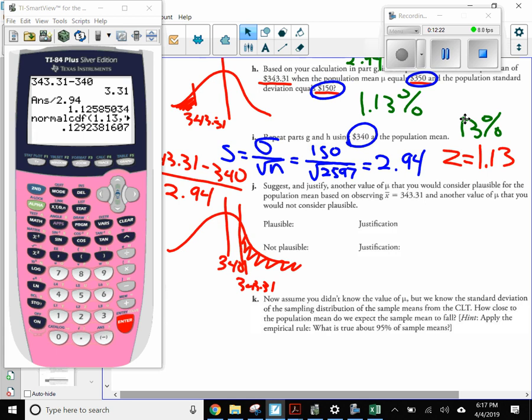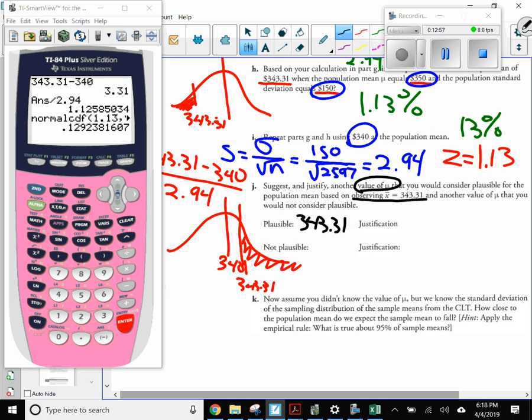So I'm not going to actually work the numbers for part J, but I'm going to talk about it a little bit. It says suggest and justify another possible value of mu, an assumed value of mu that I would consider plausible for the population mean based on my observation that for my 2597 sample size, my mean was 343.31. Well, a really plausible mean would be 343.31.